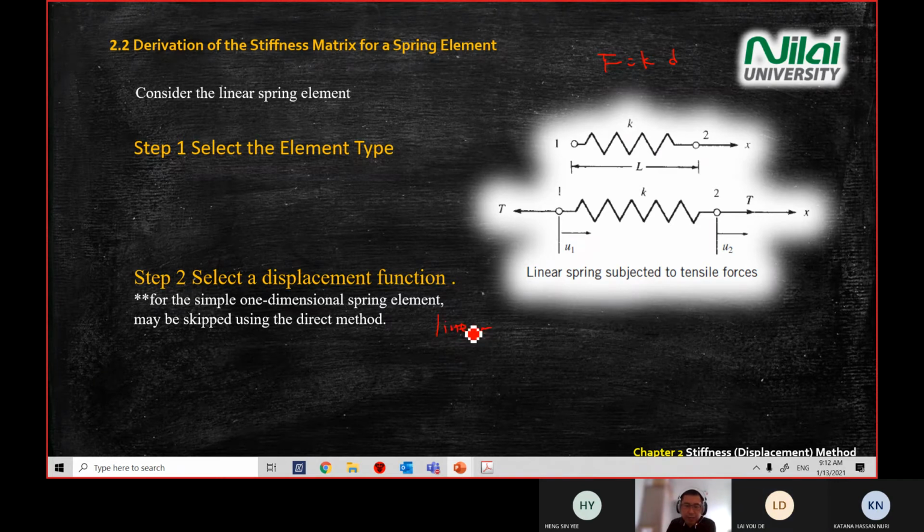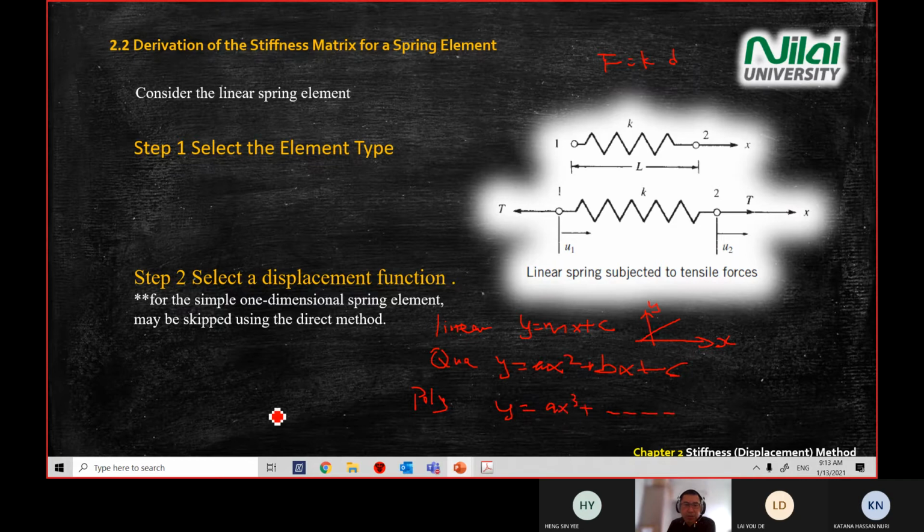Maybe the terms are not familiar. Linear means y equal to mx plus c, which is a straight line. Quadratic is y equal to ax squared plus bx plus c. Poly means the exponent here is more than 2, like y equal to x cubed plus so on.